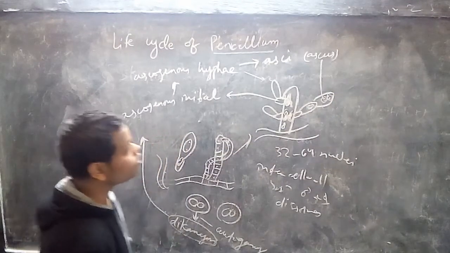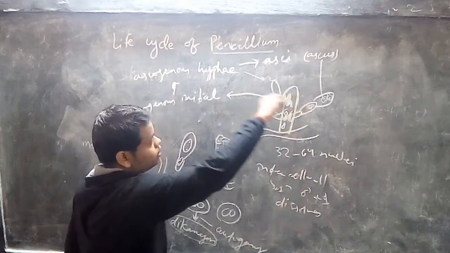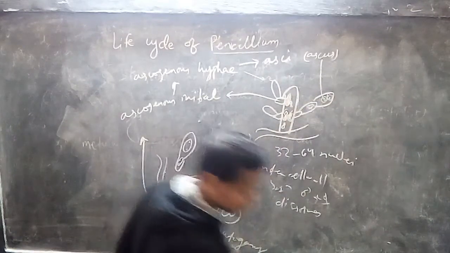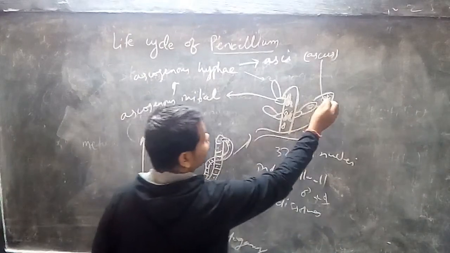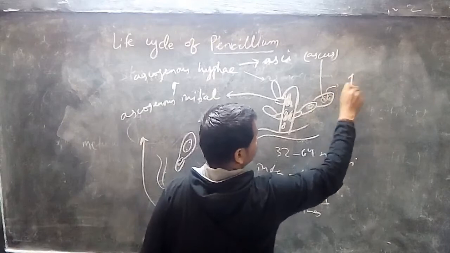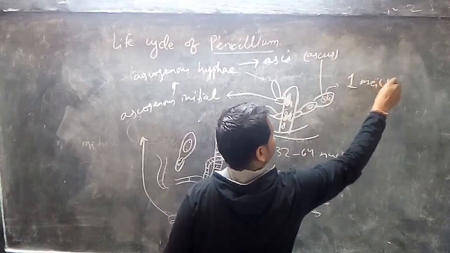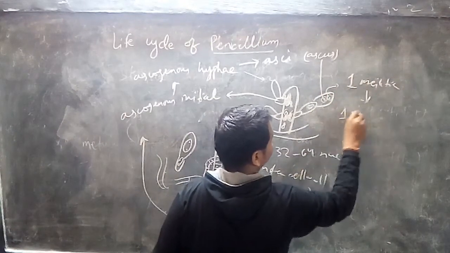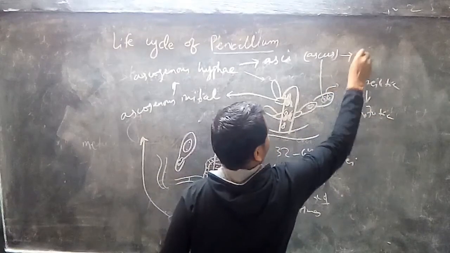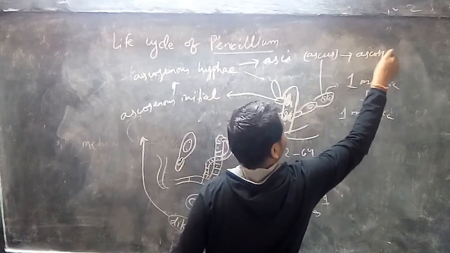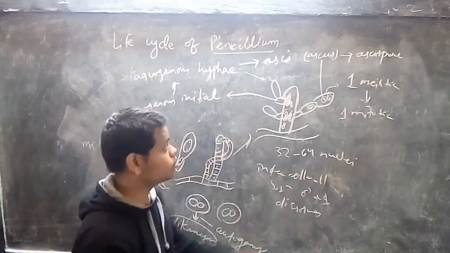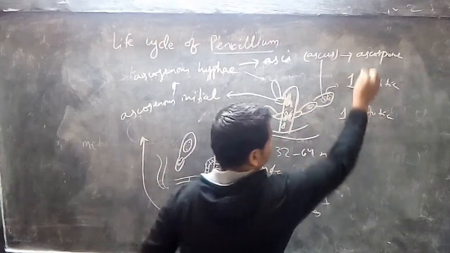Now, the diploid nucleus of the asci undergoes one meiotic division followed by one mitotic division to form ascospores. These ascospores are haploid in nature.